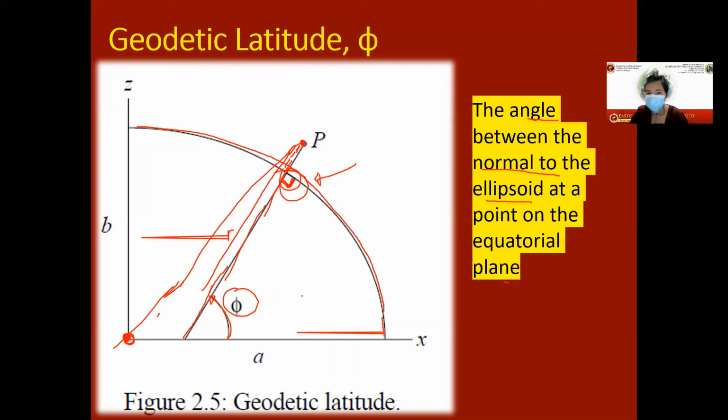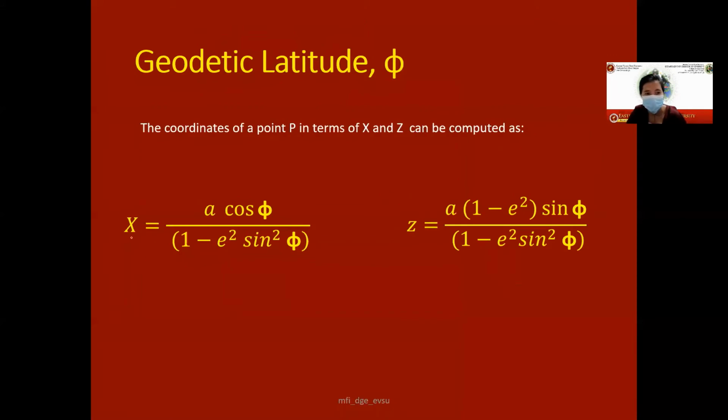And how are we going to determine the value of the geodetic latitude with respect to this value of angle here? So we also have x and z. So what is the value of x and z? For the geodetic latitude, x is equal to a cosine phi over 1 minus e squared sine squared phi, where phi is the geodetic latitude.